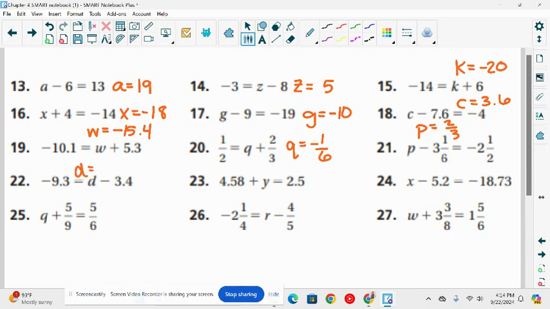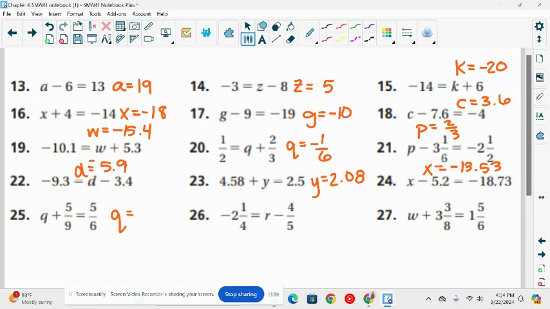T equals 5.9. It's negative. Y equals 2.08. X equals -13.53.